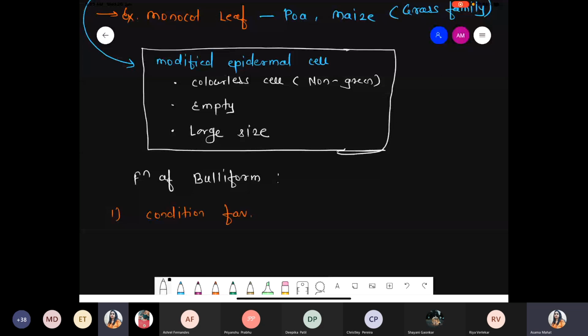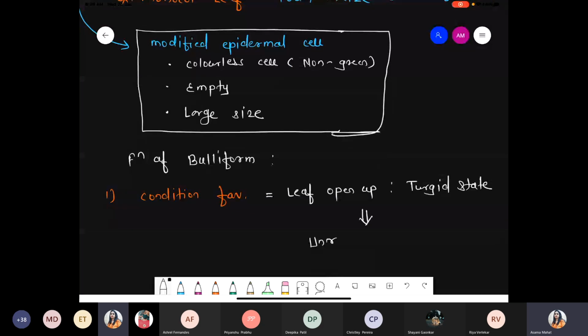Now what happens if the condition is favorable? Ultimately the leaf, whatever leaf is present, is completely open. Open means the leaf is showing the turgid state, right? And if the leaf is entirely open and showing the turgid state, it means it is showing unrolling.